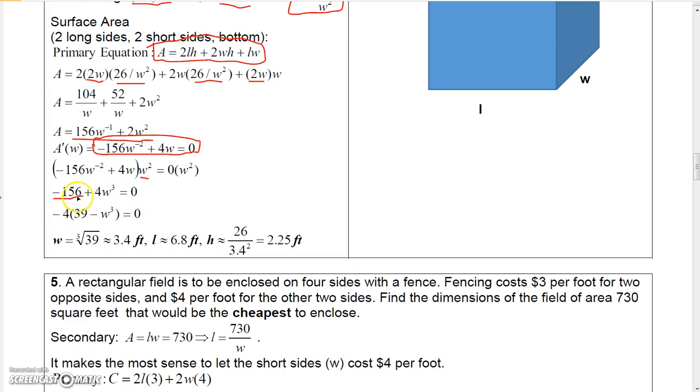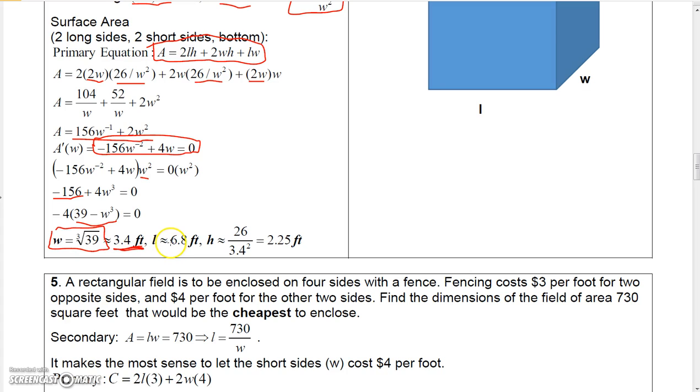And I went ahead and factored a negative 4 out of here. And I got 39 minus W cubed. And so if you set that equal to 0 and solve it, you'll get W cubed equals 39. And so W must be the cube root of 39, which is approximately 3.4 feet.